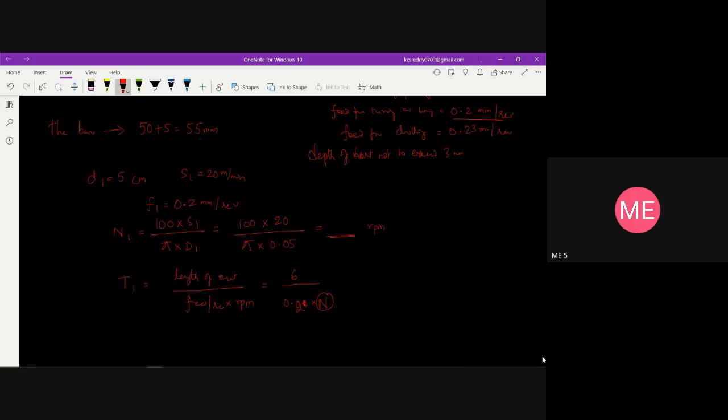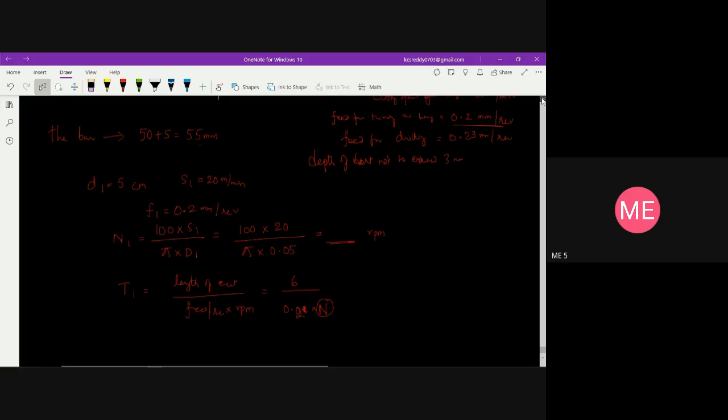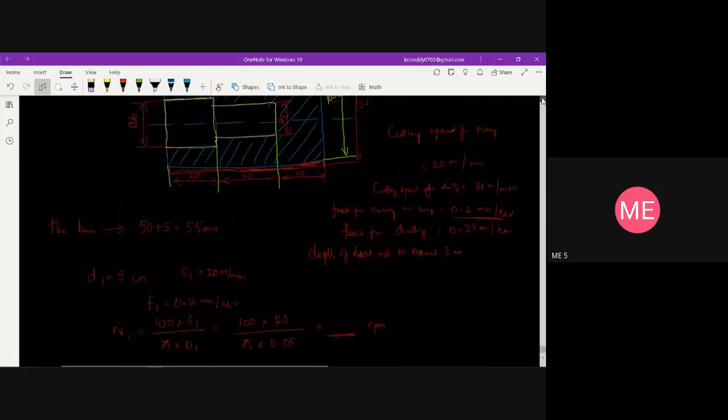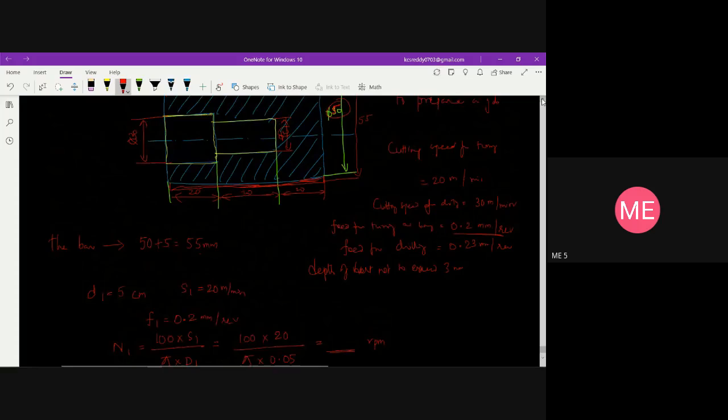Next, the second step is what? Once you have done the 55 to 50 mm, then we need to drill a hole. First we need to take the small diameter to drill it. If you look at this, the diameter is 20 mm.